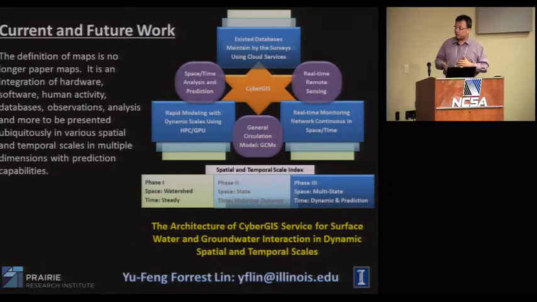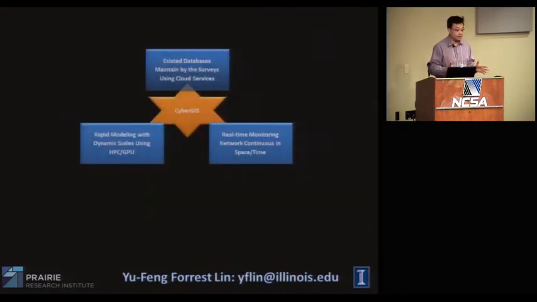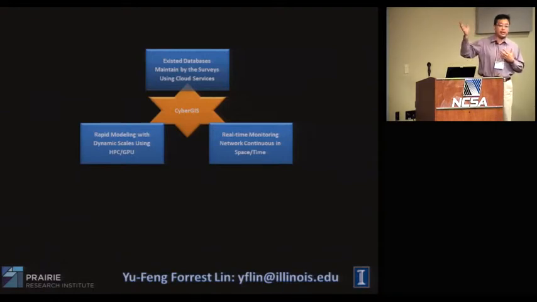So this diagram might look very busy, but I'm happy to break it down a little, because that's the plan. That's the task we are working on right now. For example, this one, data. We have a very large group working on GIS in our survey. We have 5 surveys in this institute, and we are probably the largest GIS workforce in the state.